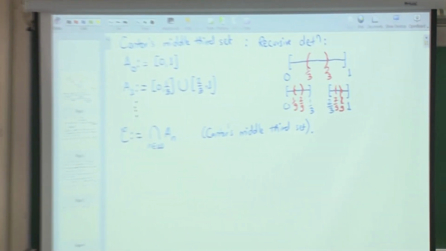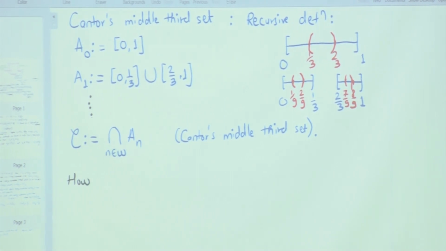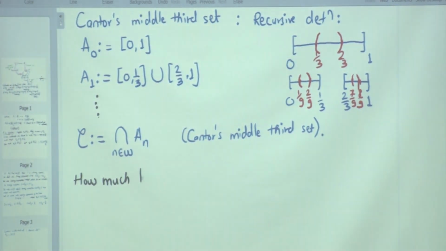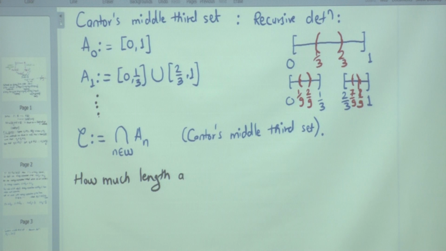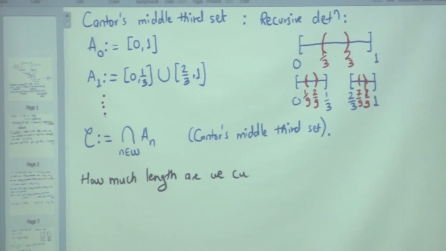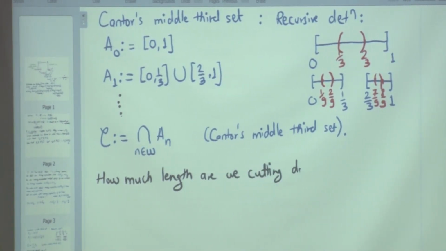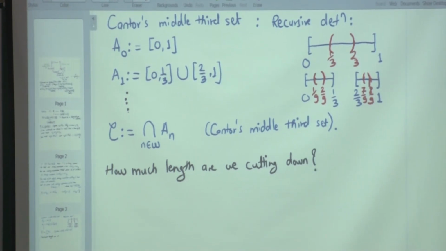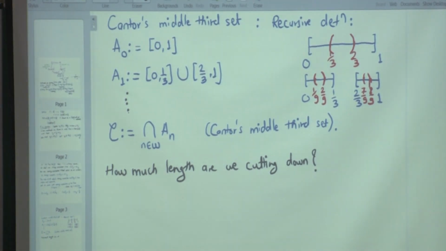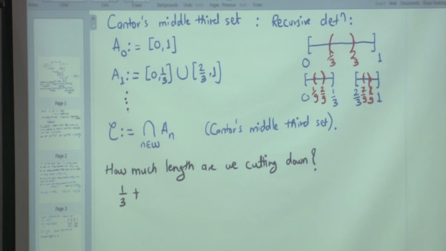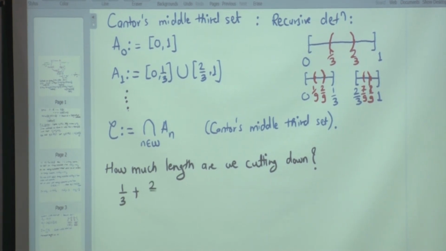Let us figure out how much length we are cutting down. At the first step, going from A0 to A1, how much length are we cutting down? 1/3. At the next step, 2/9, which is 2/3 squared.